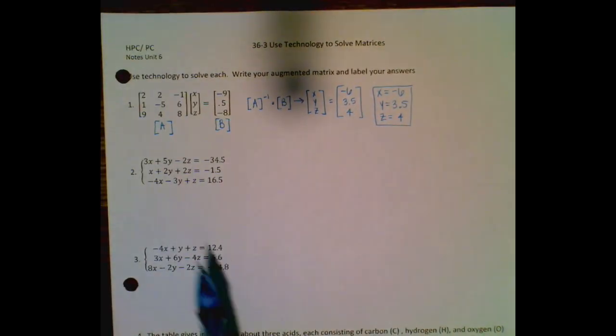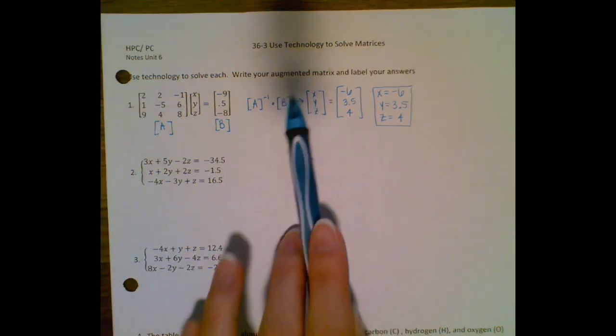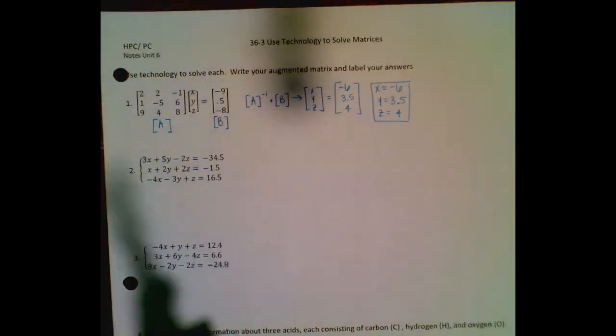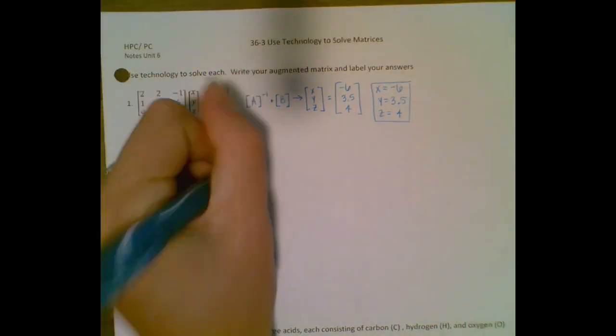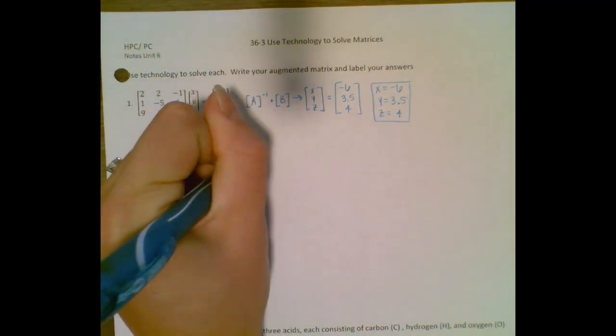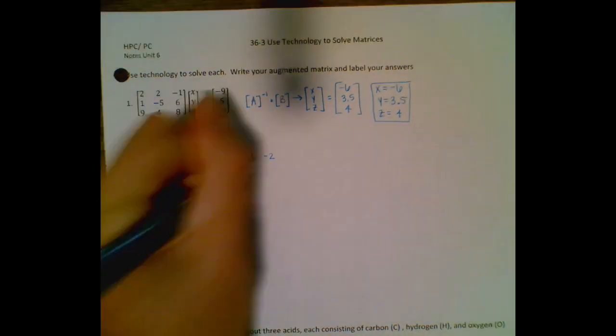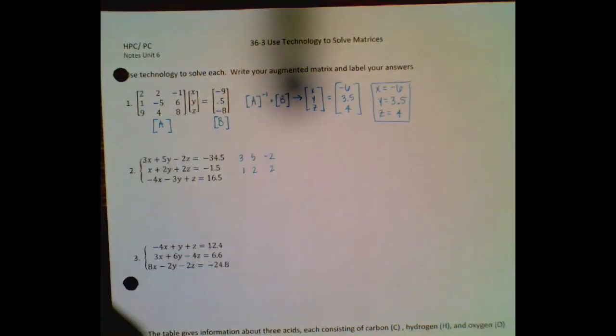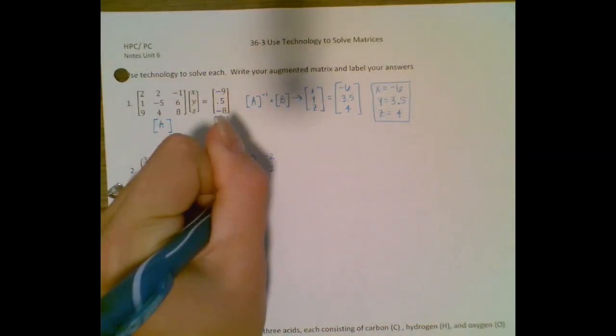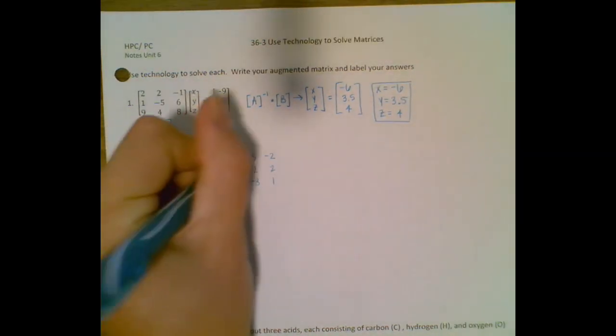We have a system of equations with x, y, z, so we need to solve those 3 variables. So we're going to write out a matrix to represent the situation. So we've got 3, 5, negative 2, 1, 2, 2, negative 4, negative 3, and 1.